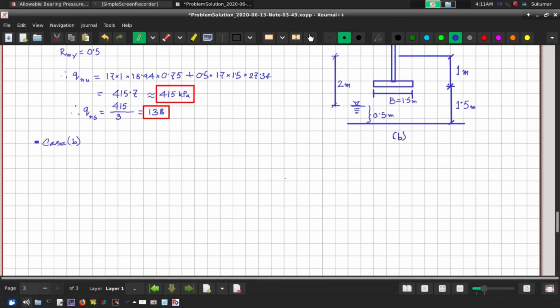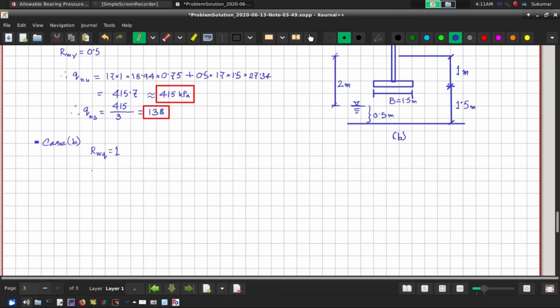RWQ will be 1 because groundwater table is not within the depth of foundation. That means the density within the depth of foundation is not going to be affected.